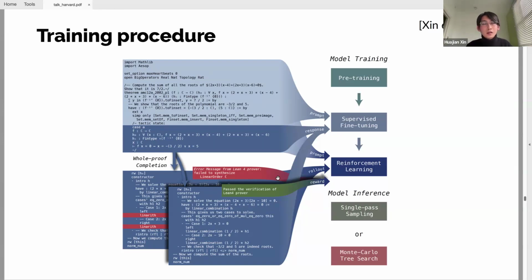In our use of reinforcement learning, indeed we do not use a tree search, right? We use the so-called reinforcement learning with human feedback, and we take it as a whole sequence generation problem, and use the standard techniques used in RLHF.